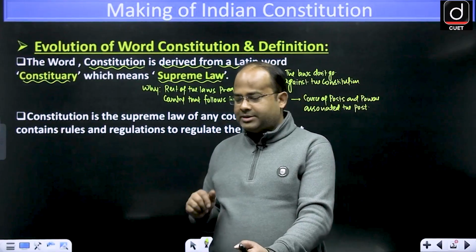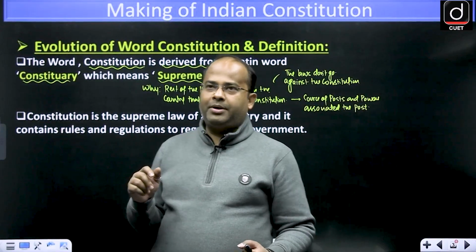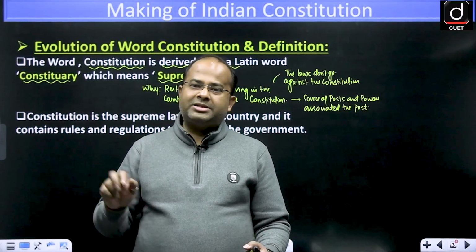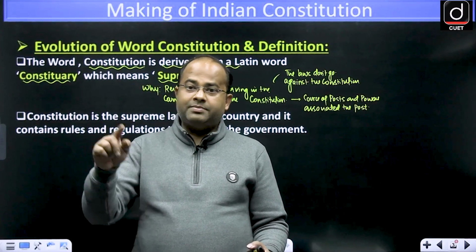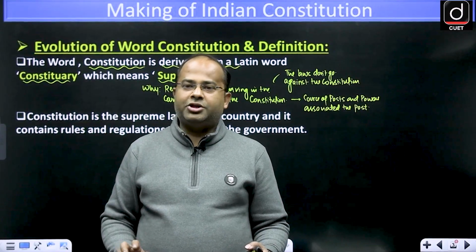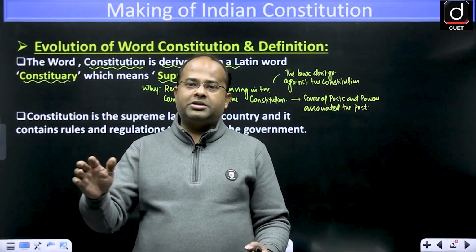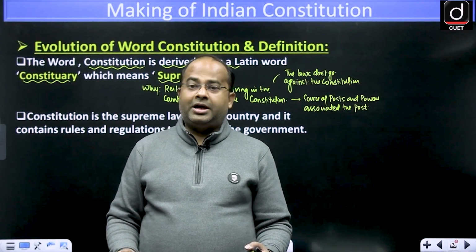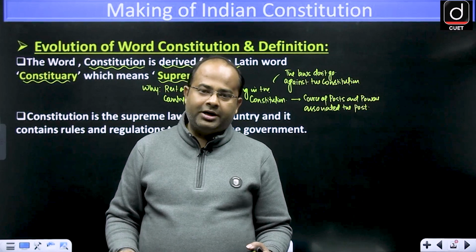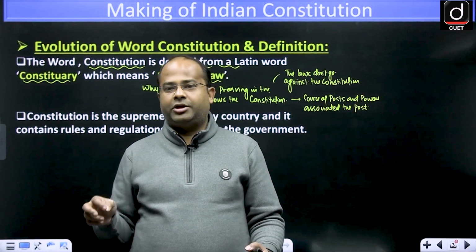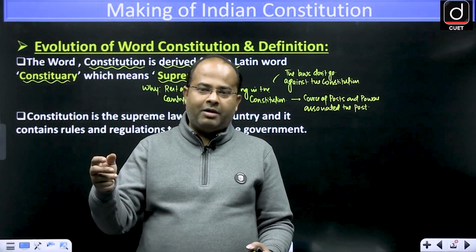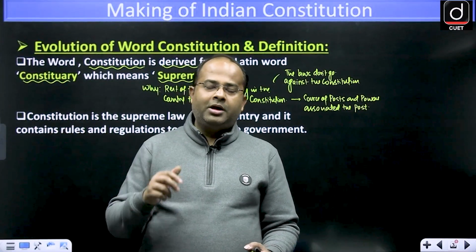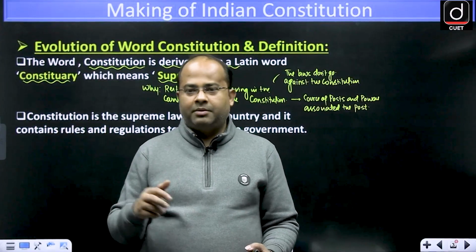For example, guys, let's take the post of president. Why is there a post of president in India? Because it is mentioned in the Constitution of India that there shall be a president of India, which is mentioned in Article 52. Now you must have seen that there are different types of power associated with the post of president, like executive power, judicial powers, the pardoning power, which is a part of judicial power, then financial powers and military power.